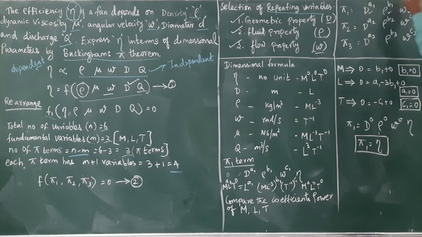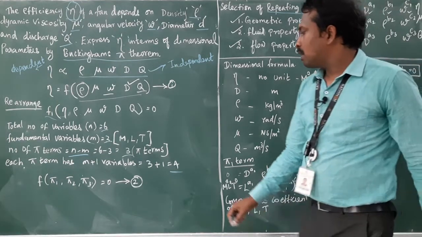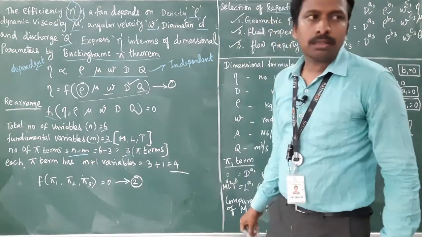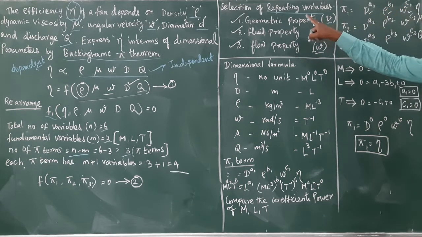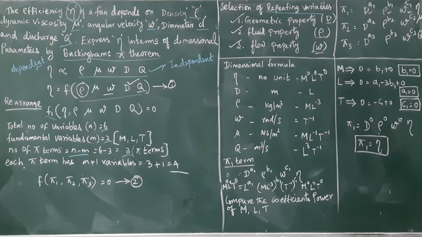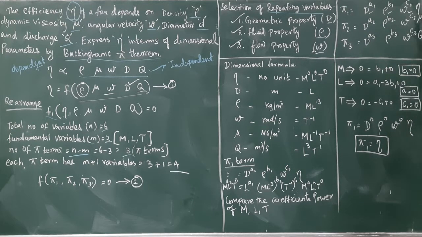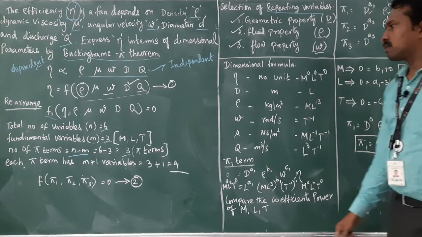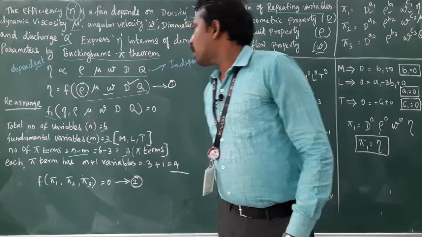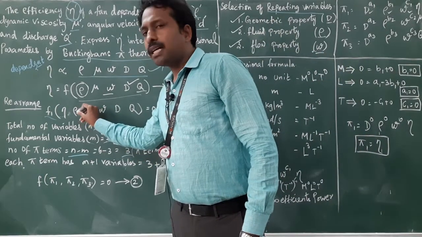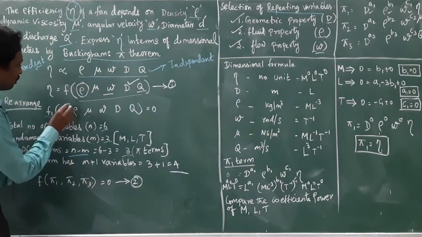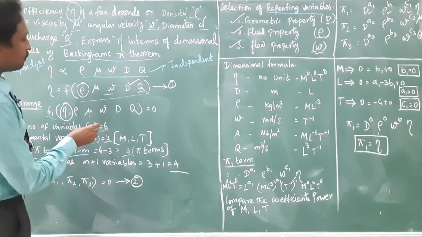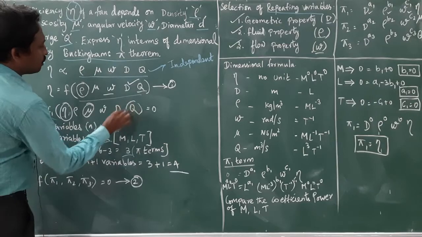Okay, there are 3 pi terms. Each pi term has 4 number of variables. Already we have selected the 3 repeating variables. The 3 repeating variables are diameter, density and angular velocity. Next, we need to add one more variable in each pi term. From this equation, select other than the repeating variables, which are efficiency and mu and q.